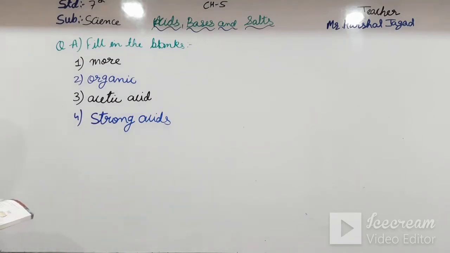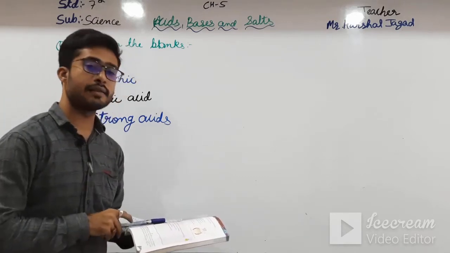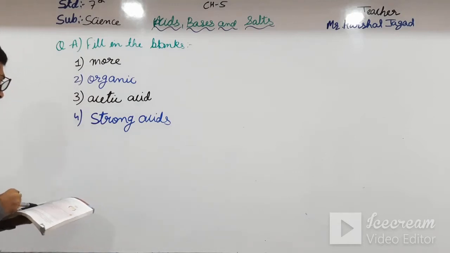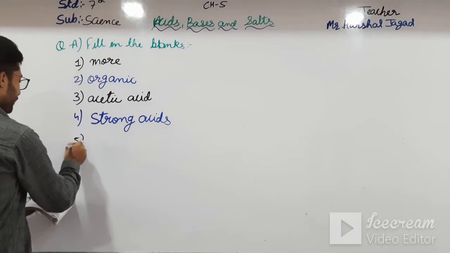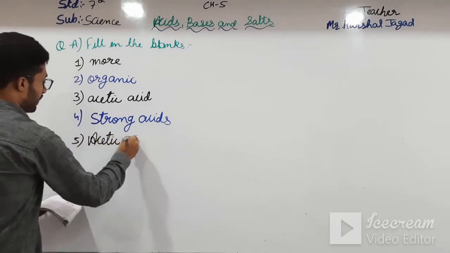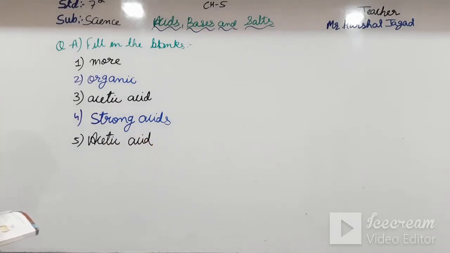And the last one, the fifth one: dash sulfuric acid or acetic acid is used as a preservative. We all know that acetic acid is used as a preservative.